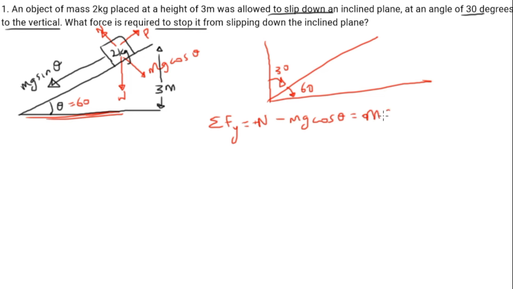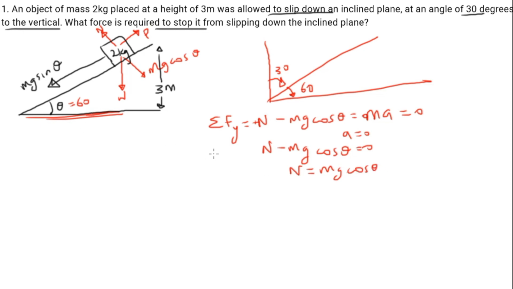It is actually supposed to be equal to ma, but because acceleration on the vertical axis is equal to 0, N minus mg cos theta is equal to 0, so that N is equal to mg cos theta, so it is balanced.